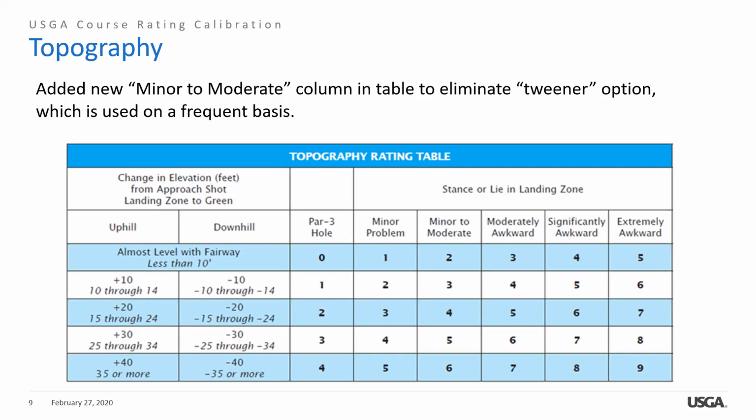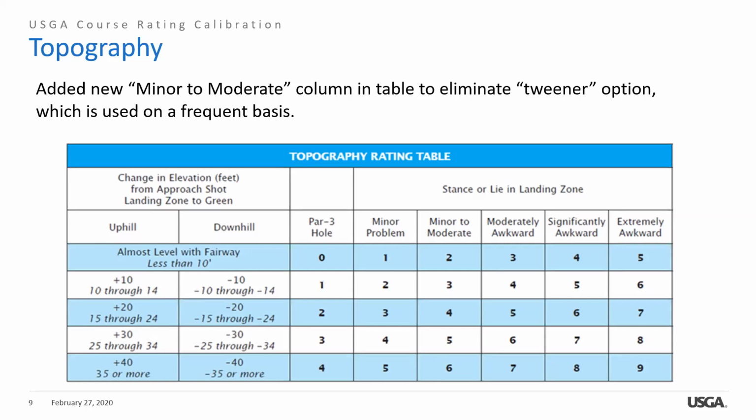So for instance, if the second shot, which goes from a landing zone to another landing zone, and the area is moderately awkward, the guide indicates that you should go to the top row there and use the almost level with fairway, no matter how much elevation change there is, and use the moderately awkward stance and lie value there, which you see is going to be a 3.